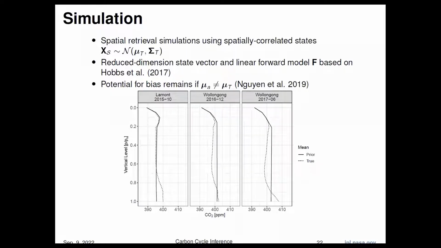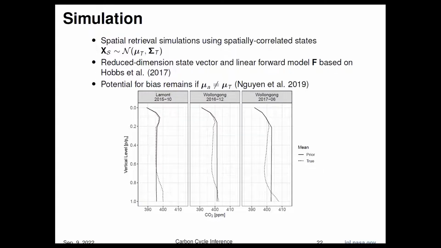Another key point, which we already talked about a while back, is that the realistic scenario is that the mean of the true process is not necessarily going to be equal to the mean that's assumed in the retrieval. There are impacts and consequences of that with respect to retrieval bias.